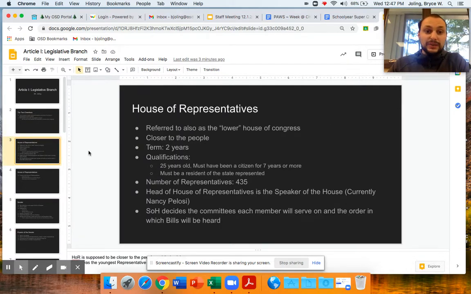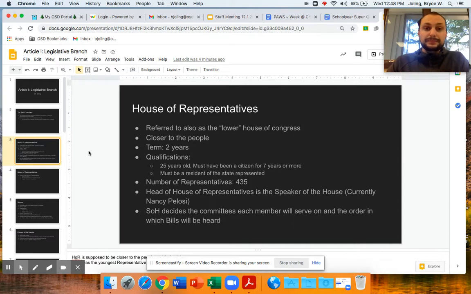Beginning with the House, it's often referred to as the lower house of Congress. The Senate is referred to as the upper house of Congress. The House is seen as being closer to the people because instead of electing a senator, who represents the entire state, you elect representatives from your district.